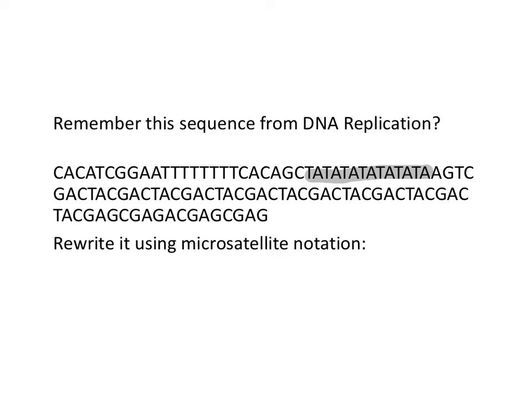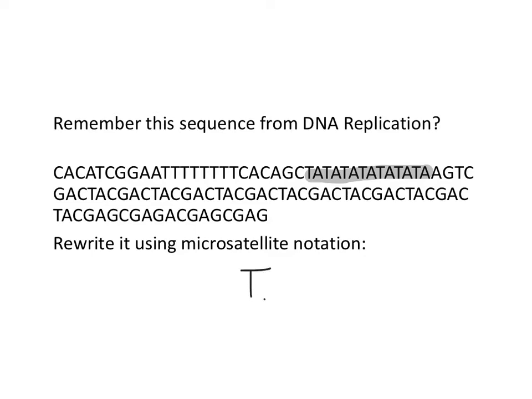So how many TAs are there in this microsatellite? A microsatellite is just a repeat, one small DNA sequence that's repeated over and over again, head to tail. 7. So the way you would write this in shorthand, if you were trying to copy this down a little bit faster, is how would you write that in microsatellite notation?